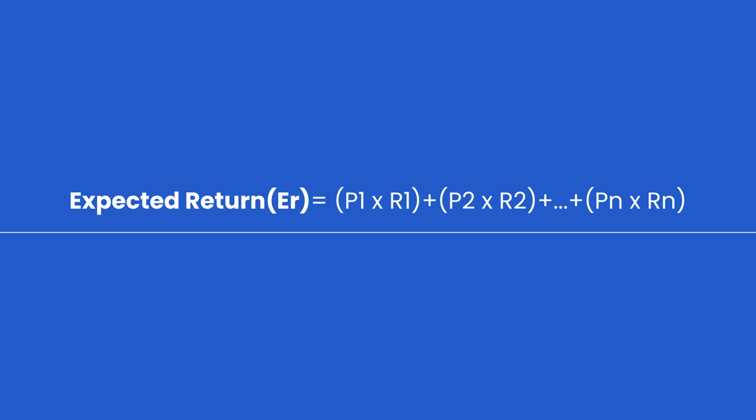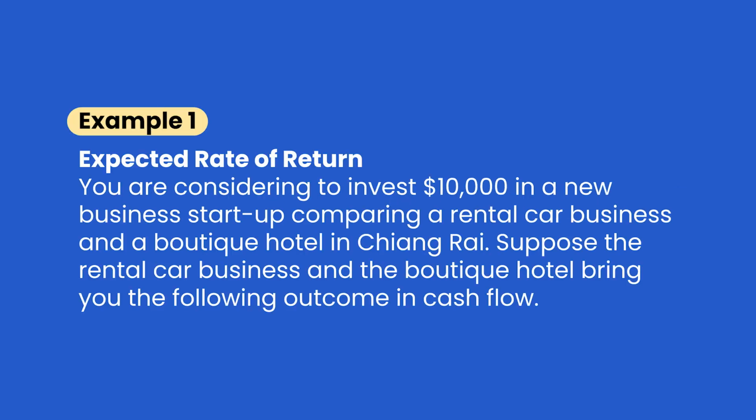We multiply the probability that each economic condition may happen with the expected return of that condition. We then sum up the expected returns of each economic condition, and we get the expected rate of return. At this point, you got the idea of how you can calculate the expected rate of return of your business.